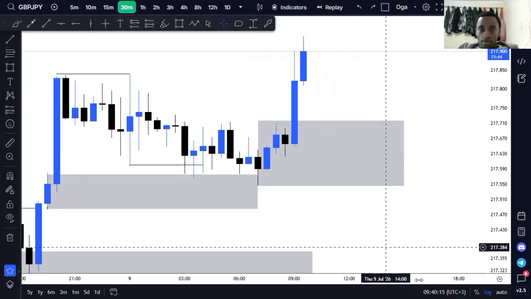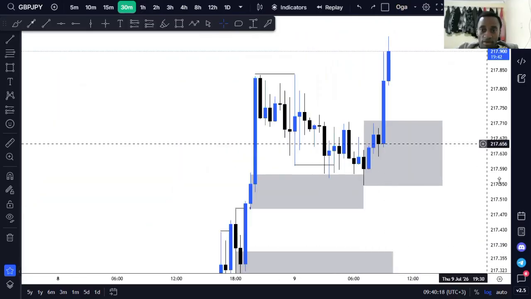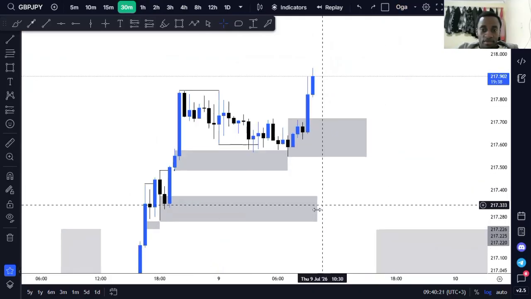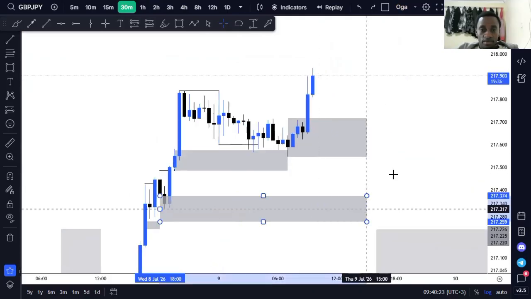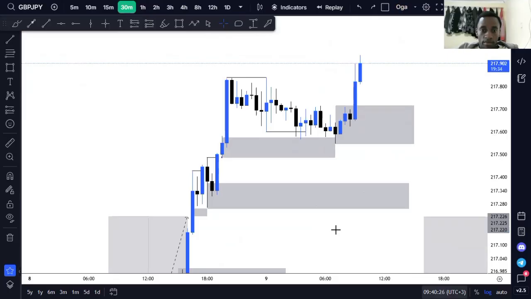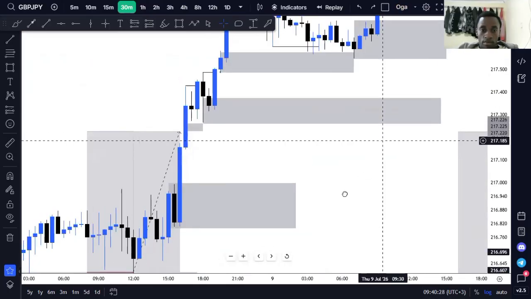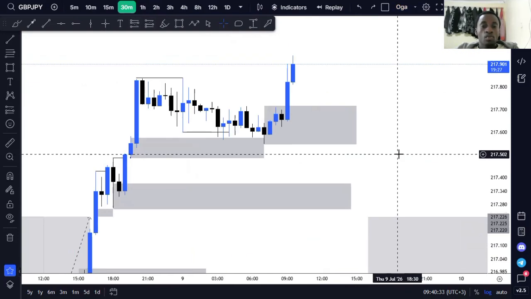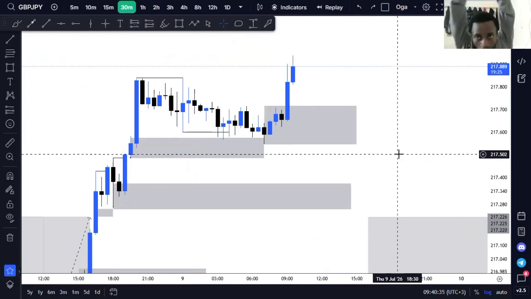Yeah, let's wait for pullbacks to the same areas and confirmations. That's the only thing we can do. And then from there we shall know what price will do.